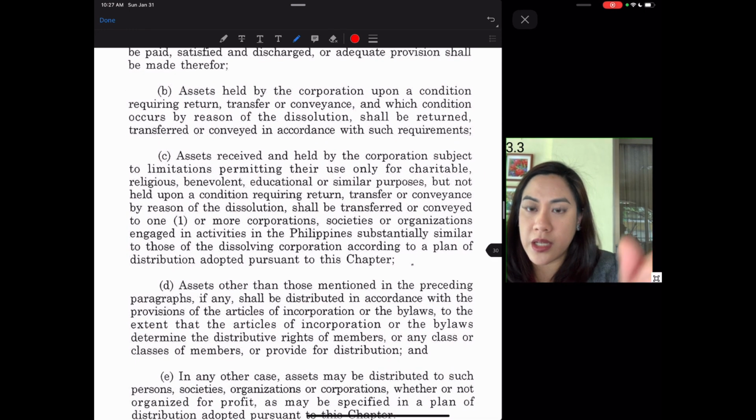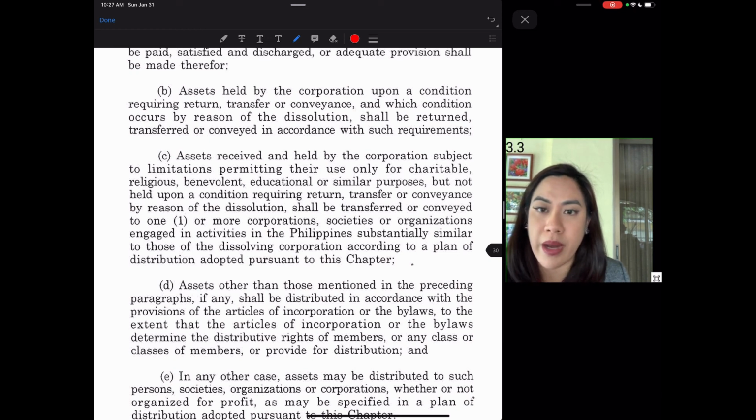Just note that under letter D, assets other than those mentioned in A to C, if there are any left, shall be distributed in accordance with the provisions of the articles or bylaws to the extent that the articles or bylaws determine the distributive rights of members.